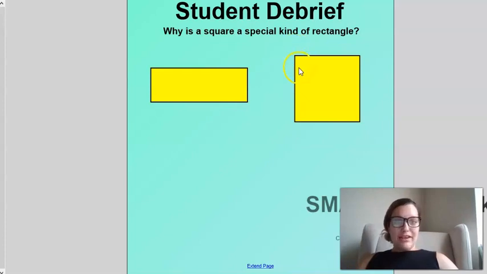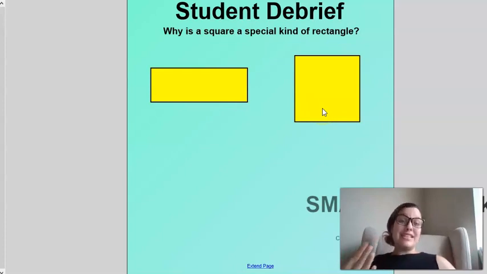How many sides does it have? 1, 2, 3, 4. It has 4 sides. Does it have 4 corners? Let's count. 1, 2, 3, 4. But what's different about the sides? They're all the same length.